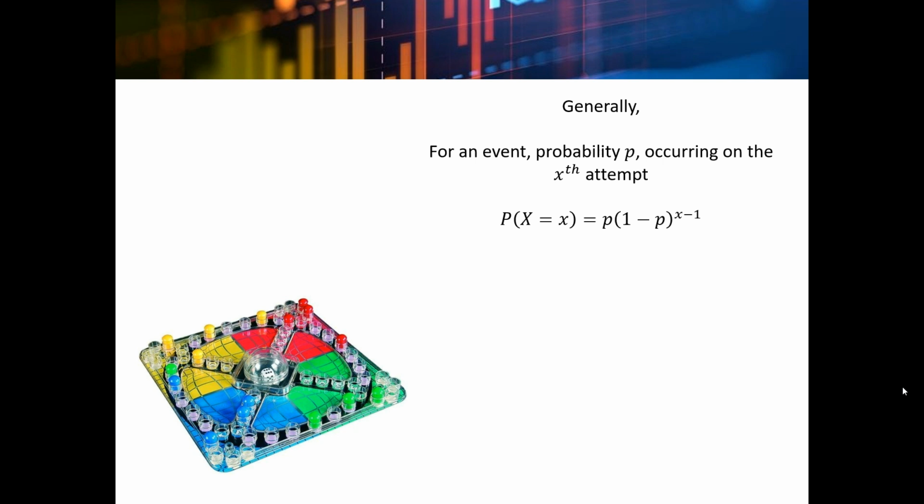So that's p for that actual time you succeed, and then 1 minus p, the probability of failing, x minus 1 times. So all of the attempts leading up to that final one are fails. Again, hopefully that feels fairly intuitive to you, and don't forget all of these probability formulae, they're recorded in your formula book.